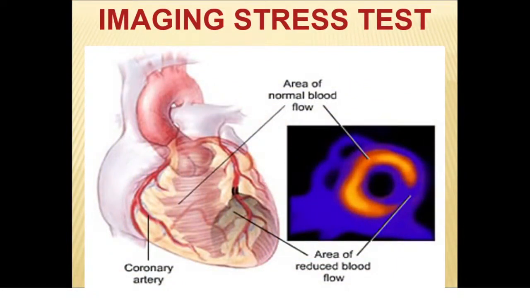Imaging stress test. It is a method which records the activity of coronary circulation, also after some physical loading, which will be fixed with a photograph, and you see an area with normal blood flow, and an area colored with a specific bluish color, which shows reduced blood flow due to obstruction of a coronary artery.